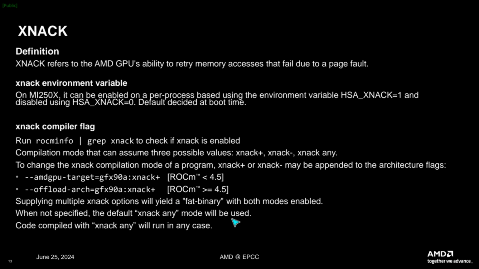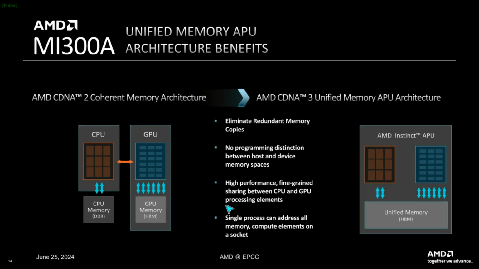So you have a lot of flexibility on how you handle the memory. With our 200 series of CDNA2, when you access memory from the GPU, it's going to move it from the CPU to the GPU. With the 300 series, and specifically with the 300A, standing for APU, you have just one memory space.